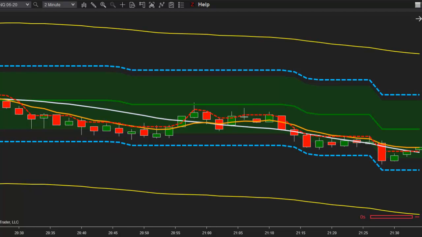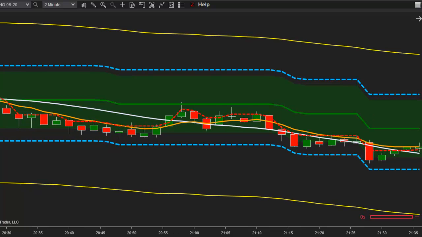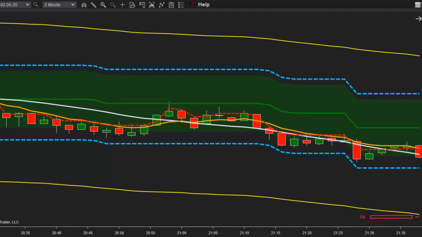So let's see what happened. 8 still a resistance, but we are above hold. Look at this situation. Bar is all the way down. Red is above hold, and it's at least even with 8.